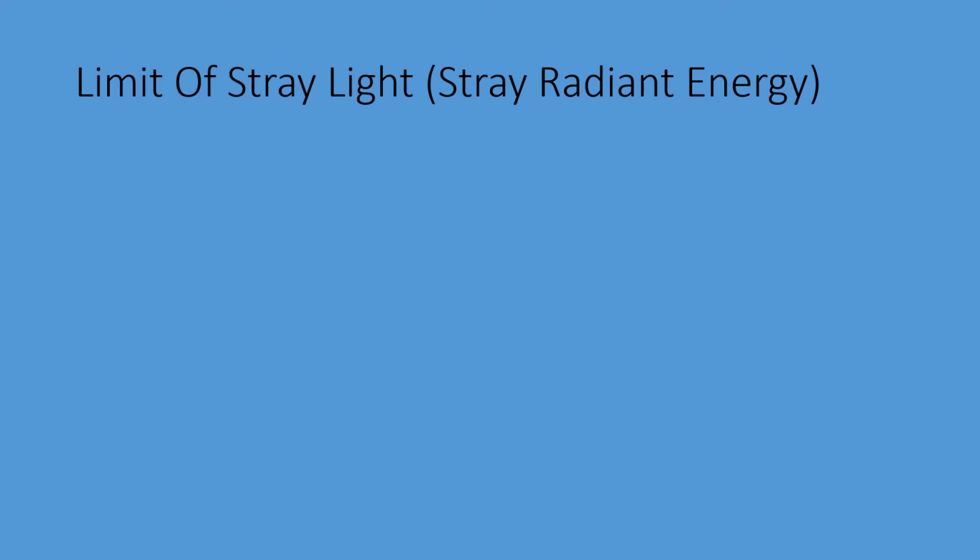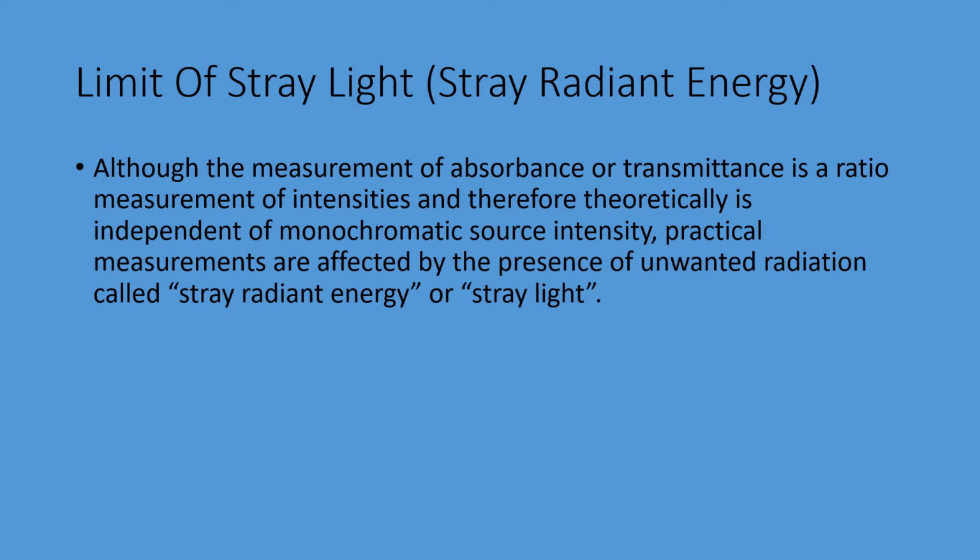Let us see what is stray light. Although the measurement of absorbance or transmittance is a ratio measurement of intensities and therefore theoretically is independent of monochromatic source intensity, practical measurements are affected by the presence of unwanted radiation called stray radiant energy or stray light.